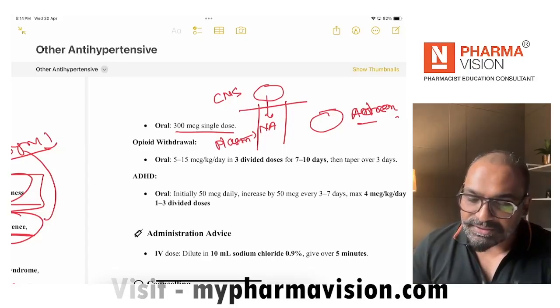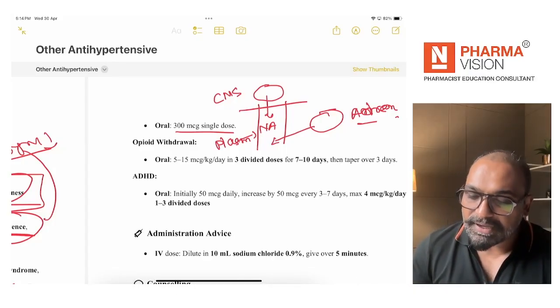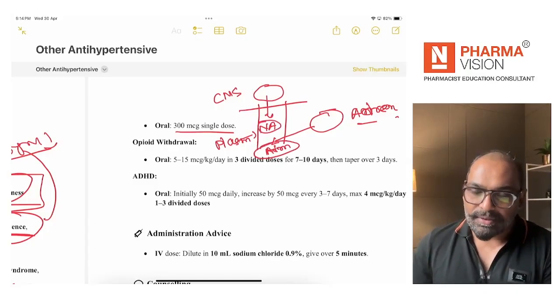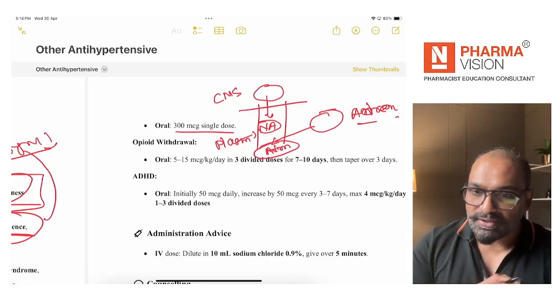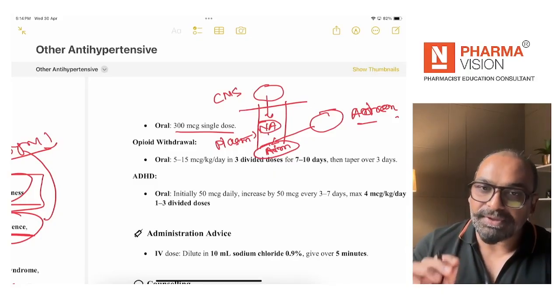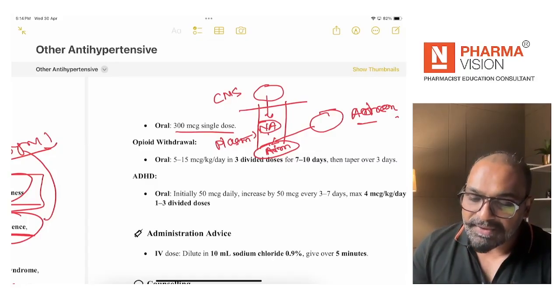Another support system is release from the adrenal gland. Okay, that's the adrenaline. Now, these are the two different sources. So we have to rule out whether these catecholamines or sympathetic neurotransmitters are coming from this source or from that source.